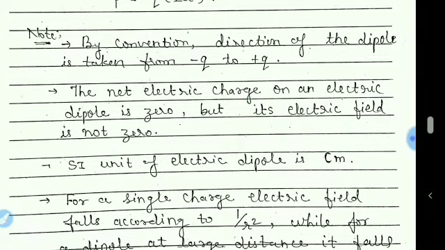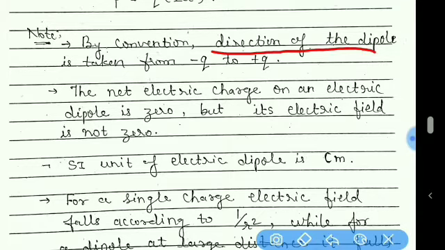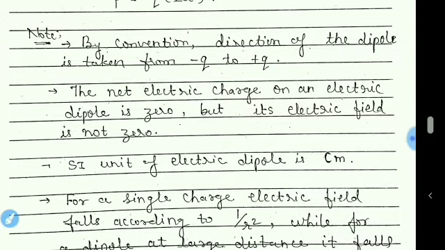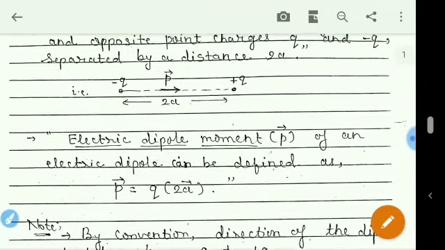Now let us see some important points related to electric dipole. First point is the direction of the dipole is taken from negative to positive. You can see from the figure also that the direction of a dipole moment is from negative to positive.